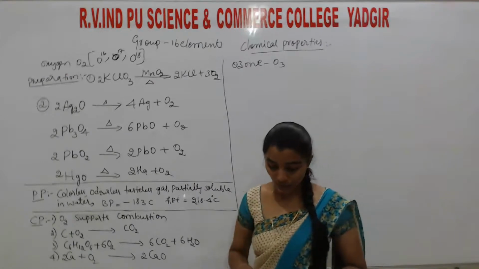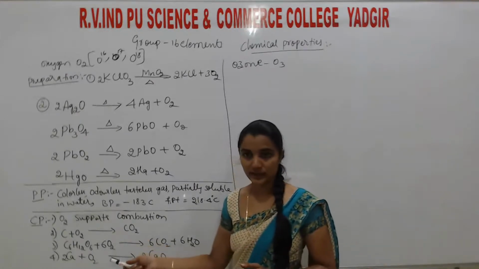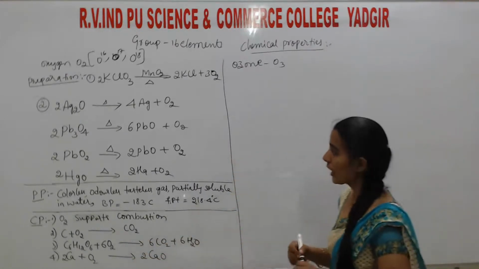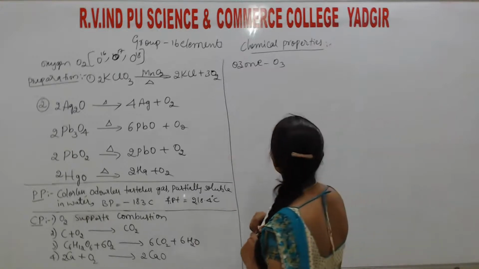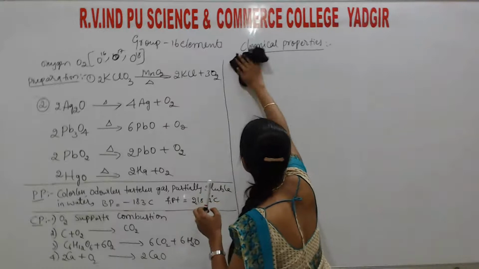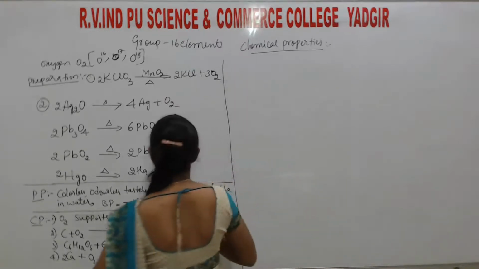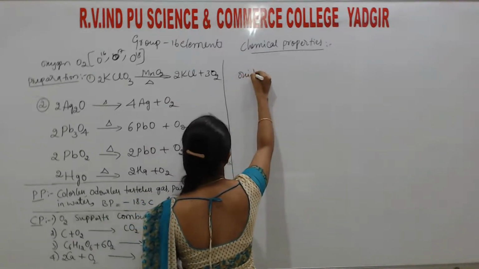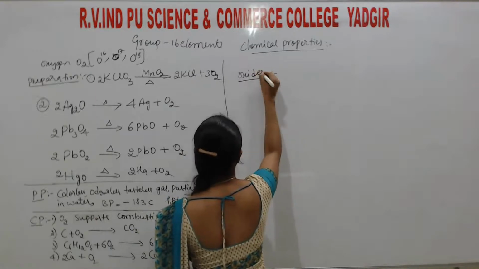So students, another one is there, they form oxides. Okay, I will write examples here. In those oxides, types are there.